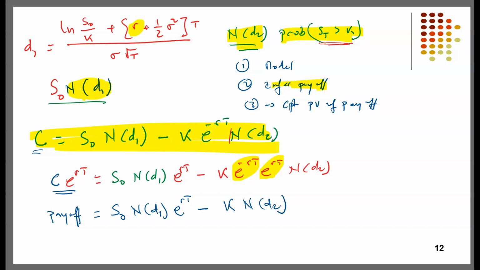Do you remember, however, that the payoff of the call is supposed to be equal to ST minus K? And so the way we're going to go about interpreting ND1 is not just looking at ND1 on its own, but looking at ND1 in terms of the future value of the underlying.